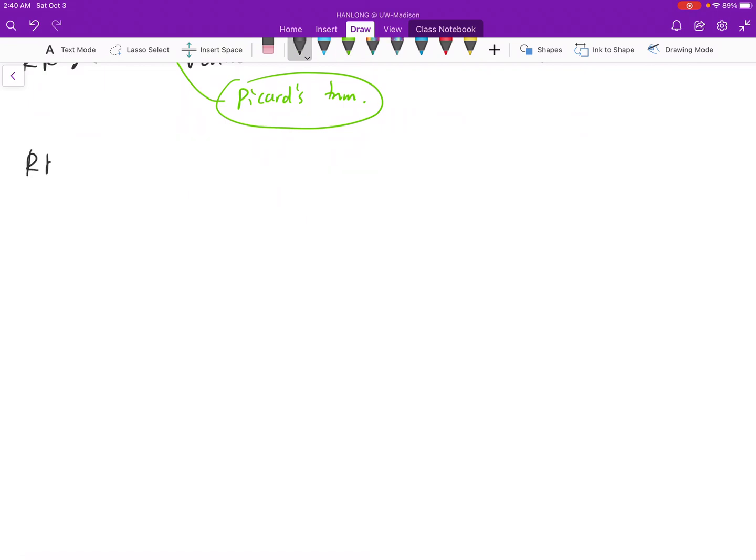Okay, so last remark. The concept of pole can be generalized to higher dimensions.